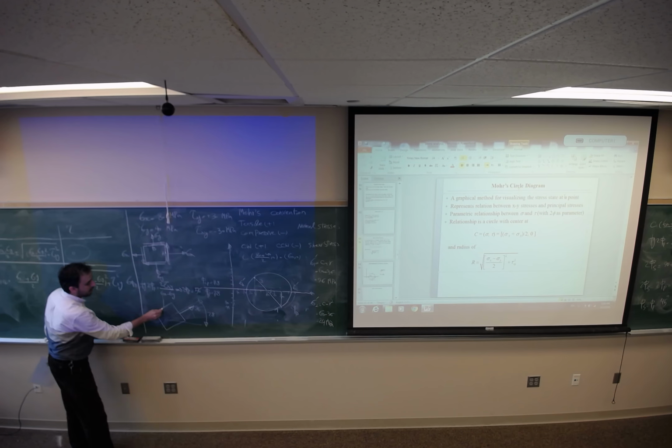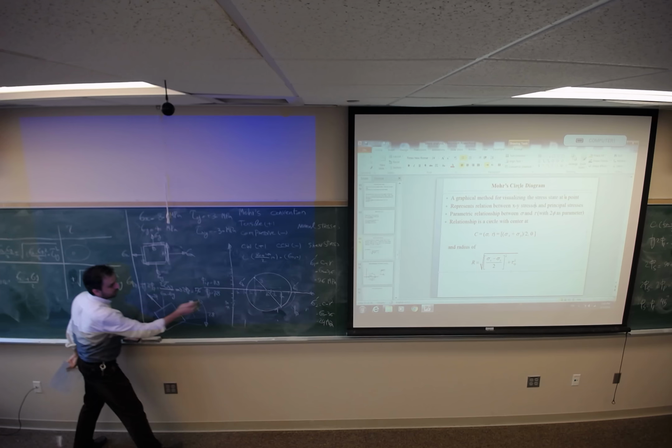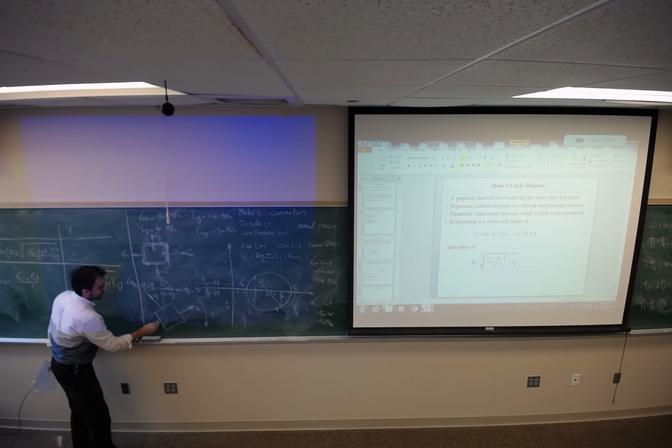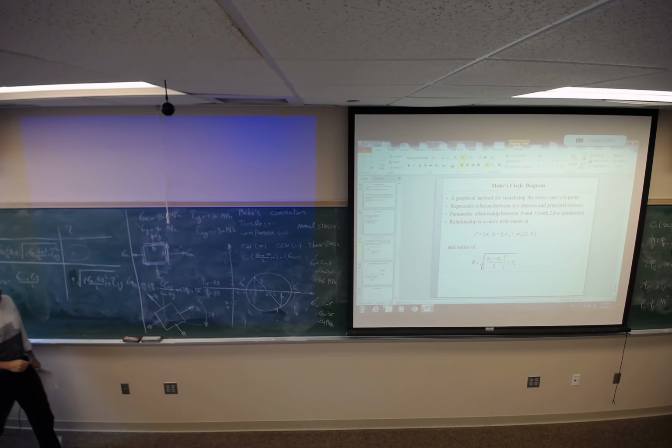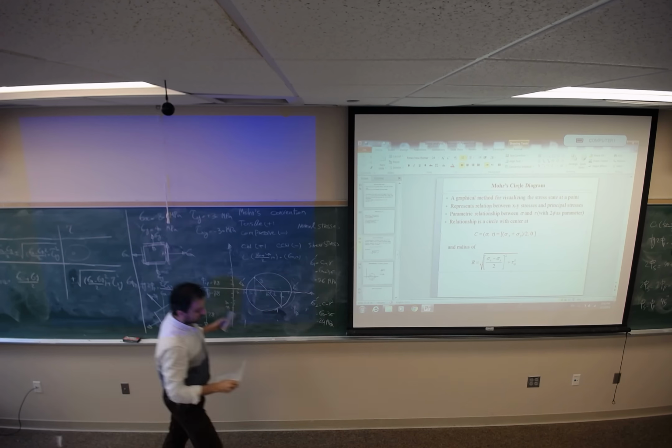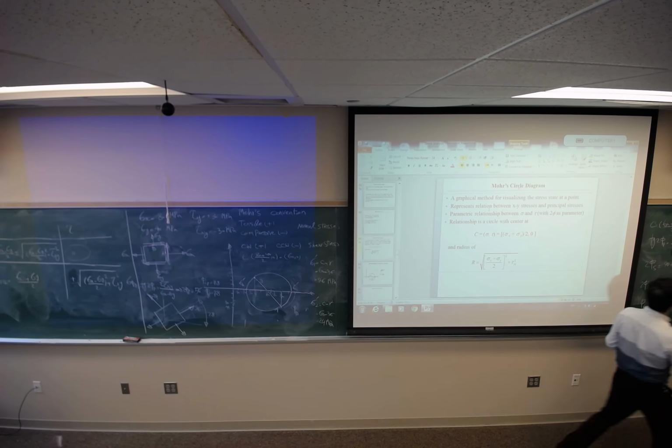And on this plane, I will get the other one, which is 24. And shear stress is going to be 0. And you can draw the other term on the other side.